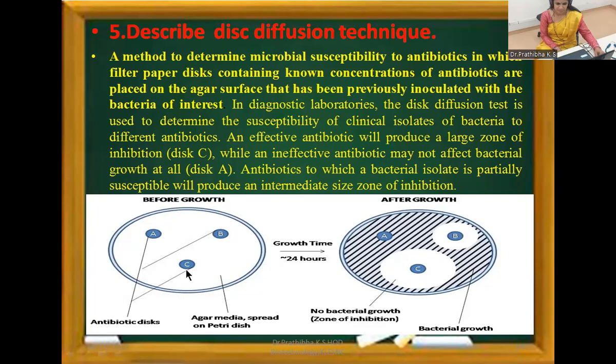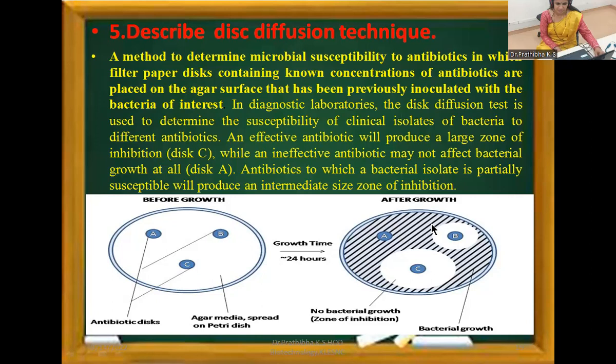On top of the bacterial spread, we have placed the different antibiotic discs. This is the agar media spread on a petri dish with the inoculum. After the growth, we will be able to observe a view like this.